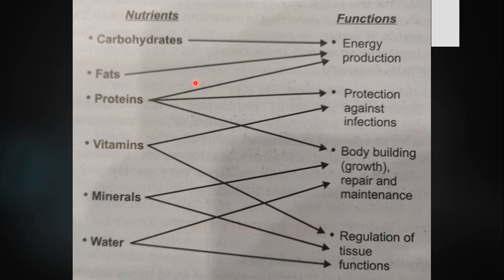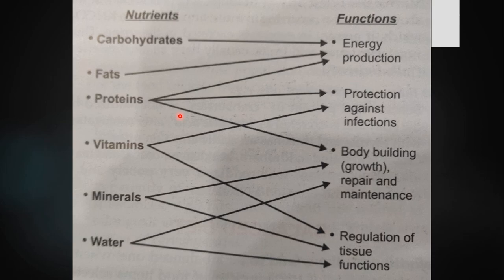Similarly fats, the quantity needed as per body weight, and protein as per body weight in different age groups: childhood different, elder different, and young different. These nutrients, carbohydrate, fat, and protein, are the macronutrients. We call them macro because they are needed in larger quantity.